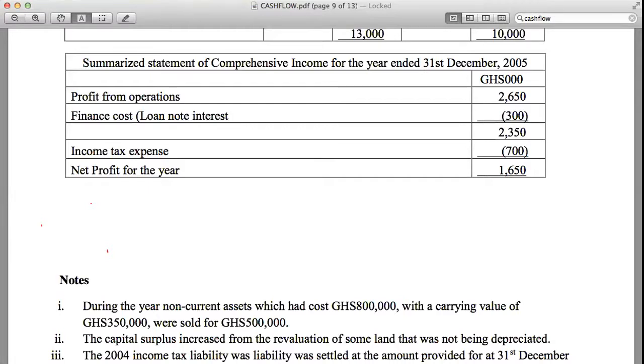So when I saw the finance cost, I said the first one will be the profit before tax. So the one before the tax is profit before tax, yes. Good, that's how we will probably pick it.